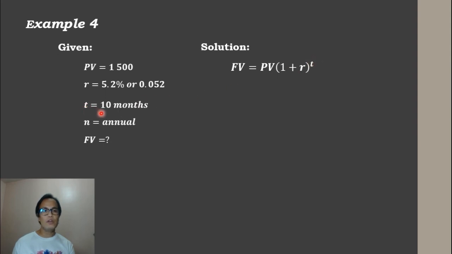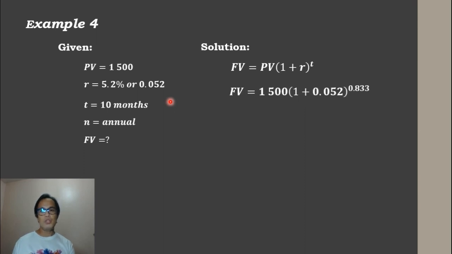So we need to convert 10 months to years. We just simply divide 10 months by 12 because there are 12 months in 1 year. So to convert 10 months to years, we just simply divide 10 by 12.